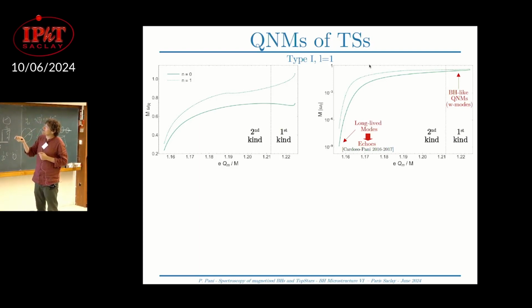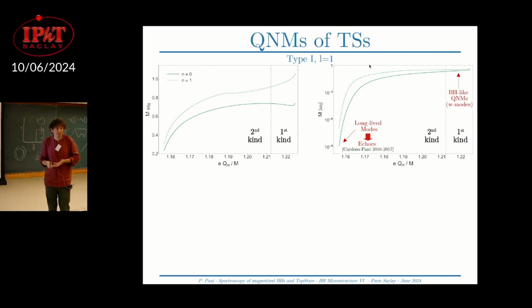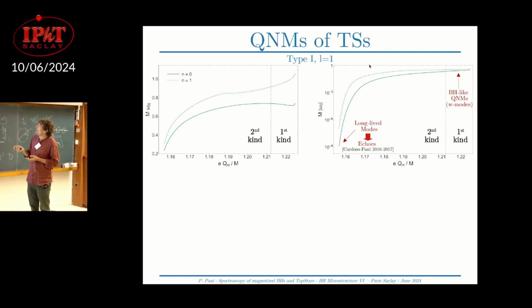But as you change this parameter, you move to the left, this becomes more compact and interpolates between a star-like object and an ultra-compact object with an unstable photon sphere, and also a stable one. And this is shown by the fact that the imaginary part becomes very small.